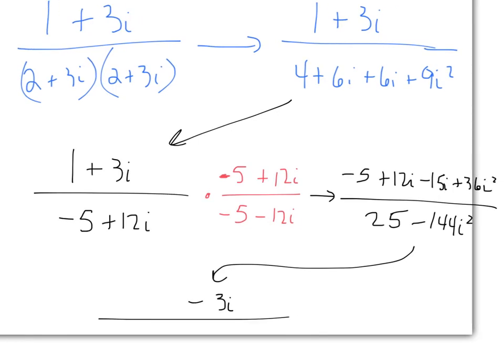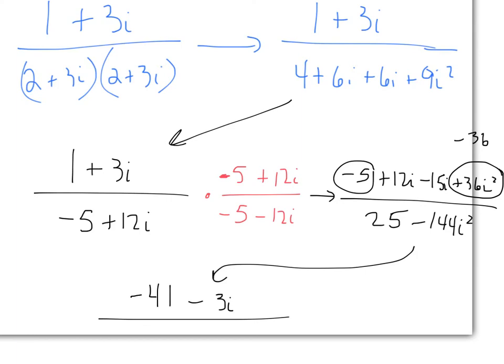But you can't combine negative 5 and 36i squared. Yeah, but i squared becomes negative 1. So there's no i squared, right? You see what I'm saying now? Okay. So this is really negative 36. And this is negative 5, giving you negative 41.